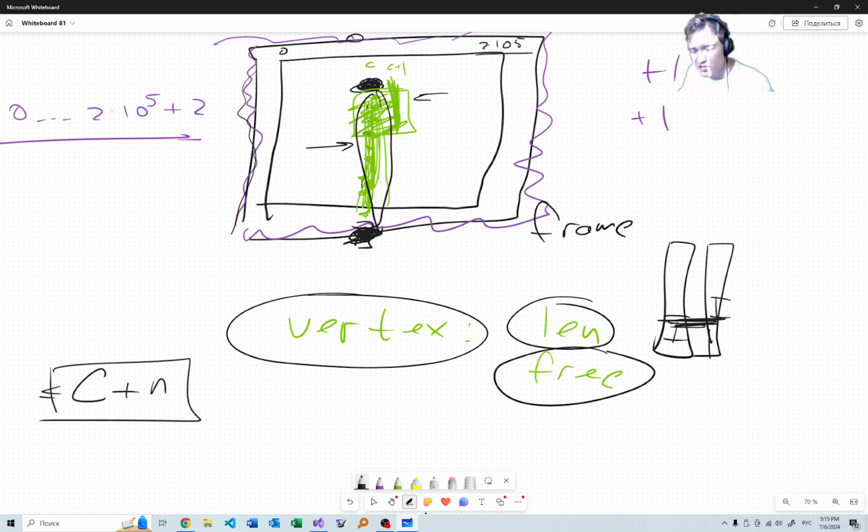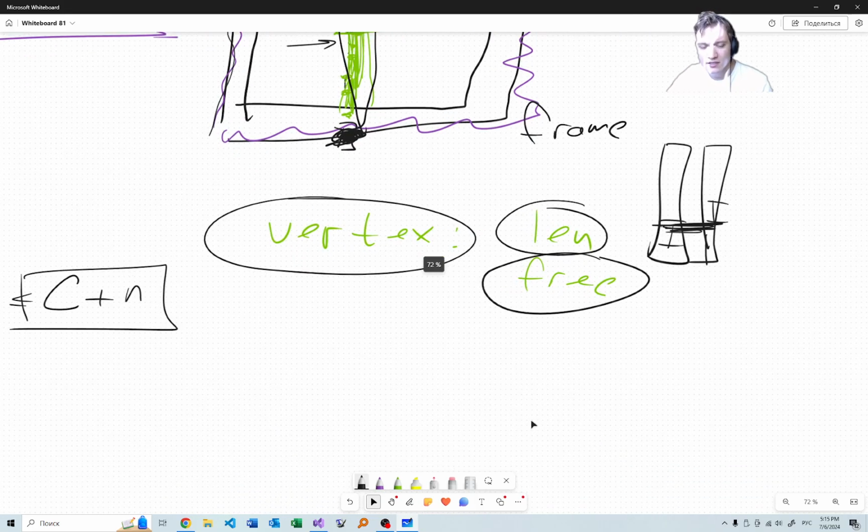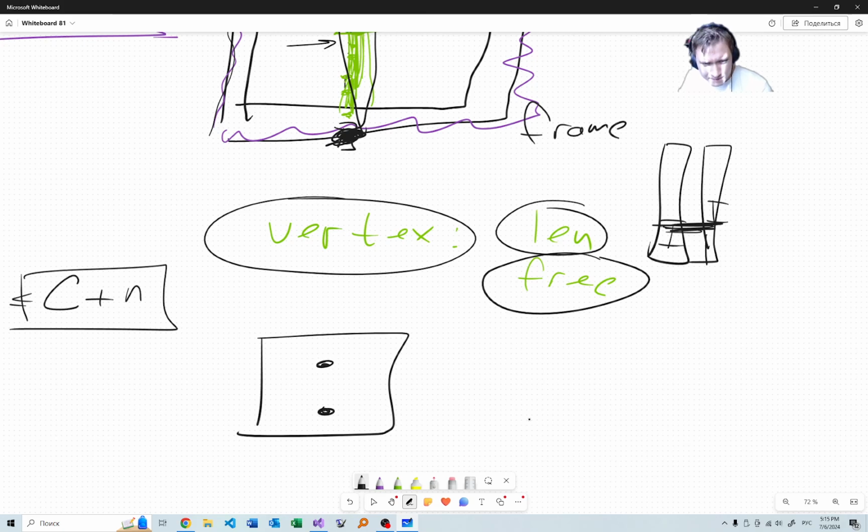For some vertices, however, it is not so evident that they are free. For example, if we have these two stones, then it's not immediately obvious that this vertex is free. However, it is free because you can go left, and now there is this big free vertex. This is why we need these edges which connect the vertices. As I said, the edges can be found via the two pointers method.